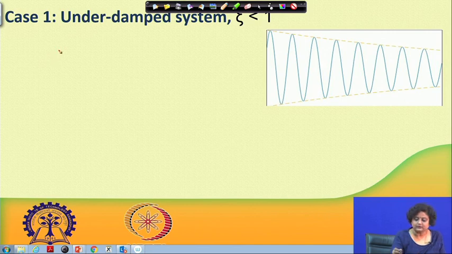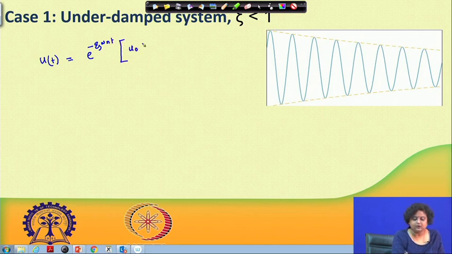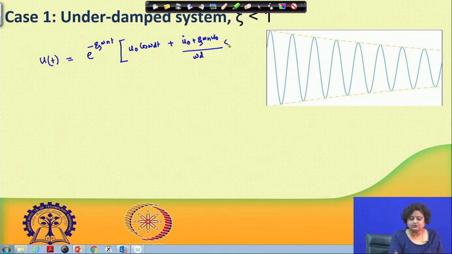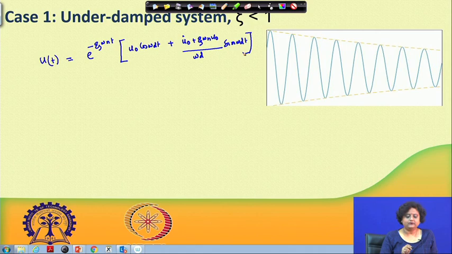If I do that, I am going to get u(t) as e to the power minus zeta omega n t into [u0 cos omega d t plus ((u dot 0 plus zeta omega n u0) by omega d) sin omega d t]. Okay. So, this is what we get when we plug the initial condition into this expression.